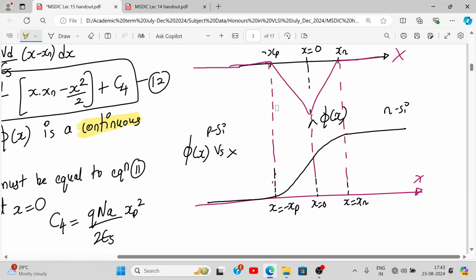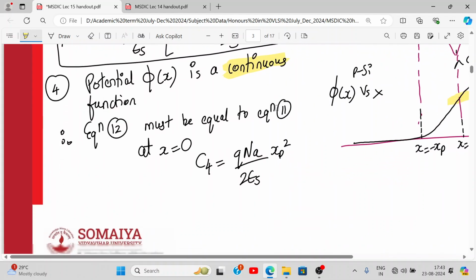Your voltage is getting built up. It's going from 0, it's rising up. So if I want to find exactly at x equal to 0, I should know how much this point is, which I don't know. I cannot solve for an unknown, right? That's why we use the previous continuation. Here the same equation will be applicable ahead. It's the same curve.